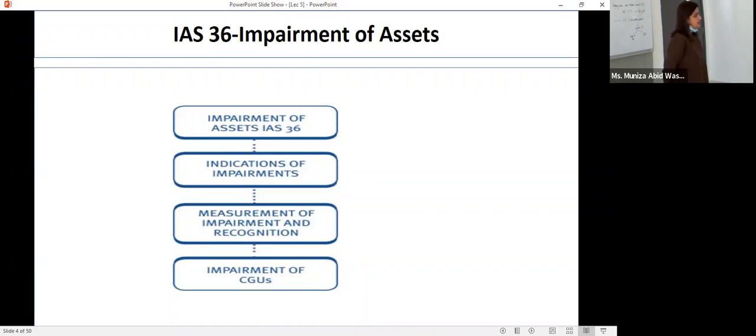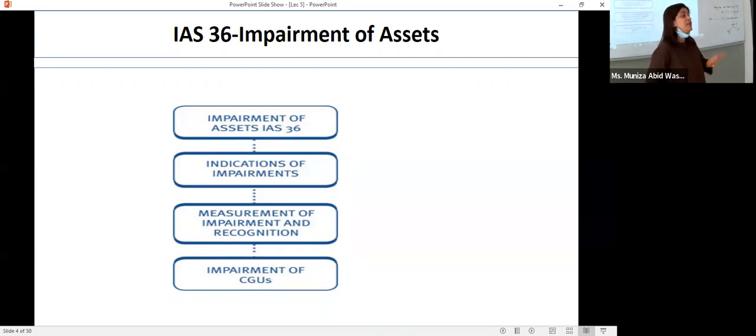Consider a situation that in year 2 of using an asset, you found that a revaluation gain has occurred under IAS 16 of 100,000, and you had recorded that gain in statement of other comprehensive income. Now in the 5th year of the usage, you find that the downward revaluation has occurred, impairment has occurred.